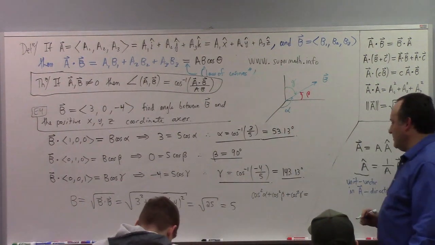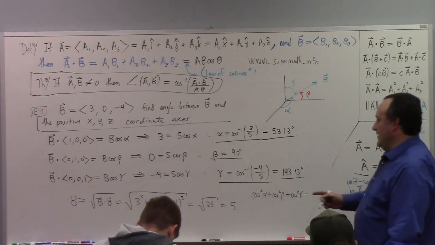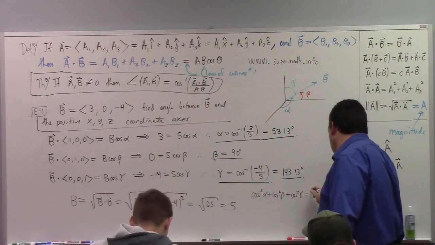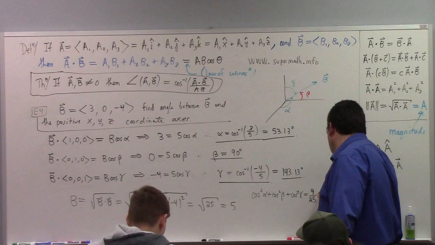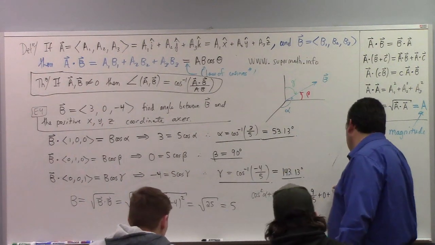What is that? We've got a 3/5 quantity squared, so 9 over 25 plus 0 plus 4/5 squared gives us 16/25.